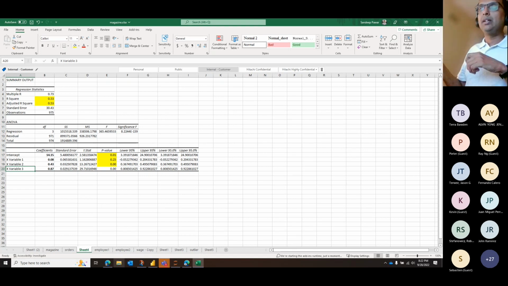But because this is linear, we cannot say that if we keep increasing by 1 year every single time, even if the person is 99 years old, your increase is going to be in that proportion.